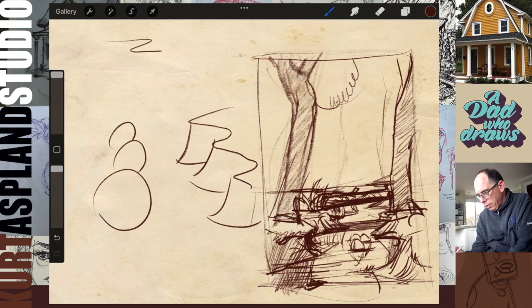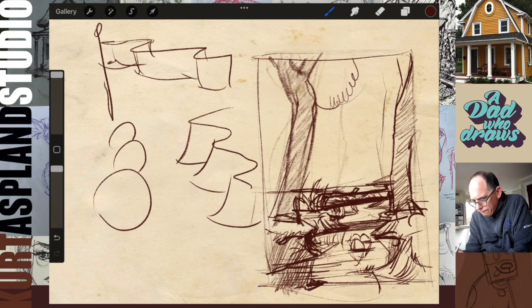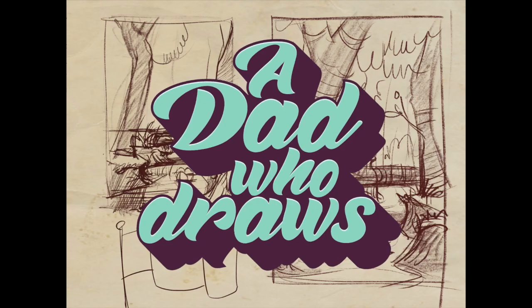And we find the early basis of this idea in drawing a waving flag. There it is right there. The waving flag. A dad who draws.